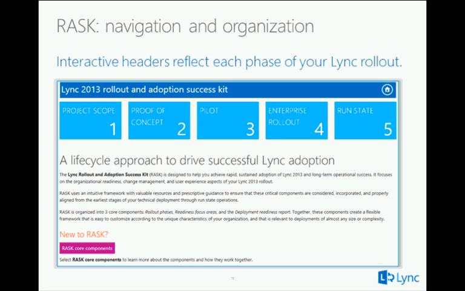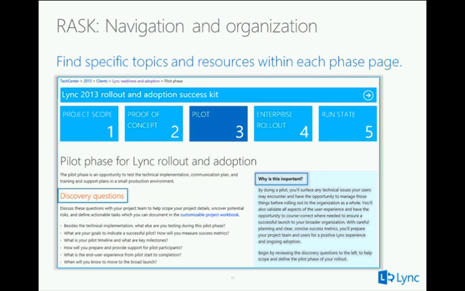So this is what the RASK kit looks like. When you go to that web page, you'll see those 5 phases. And when you click into any of those phases, you're going to see the discovery questions and the context of why this phase is important.